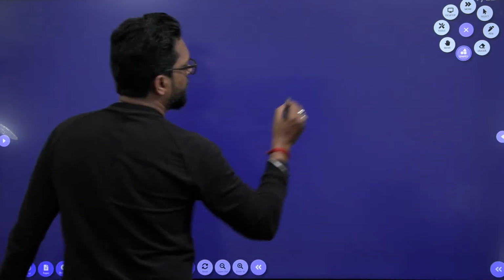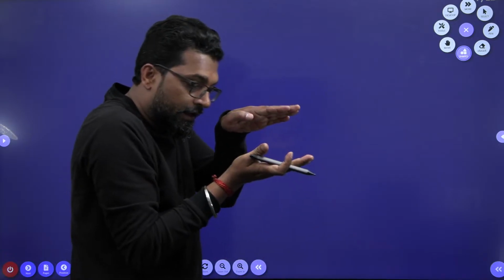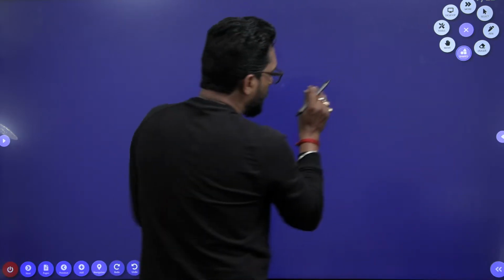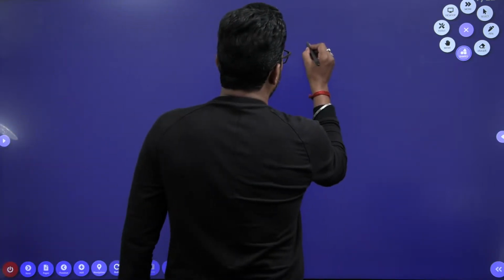A compressor will compress, so during compression, pressure will increase. Pressure will increase, velocity will decrease. No, that is wrong. Through the minimum area, velocity also increases. Pressure will increase, and the velocity will also increase. That means we have to discharge the air through a minimum area. Let's suppose this is your compressor.